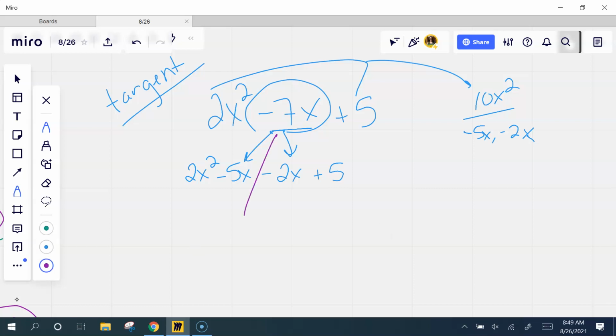Slash it down the middle. What's the GCF here? x, so what's left? 2x minus 5. Always keep the middle sign. What's the GCF? 1, it's grouping. I'm factoring out a negative 1, so it's 2x. Oops, 2x. Sorry.